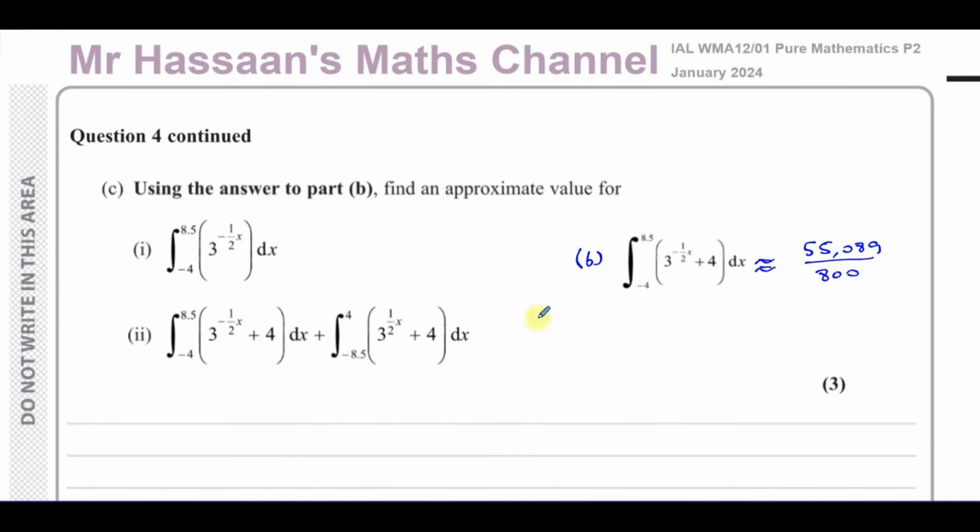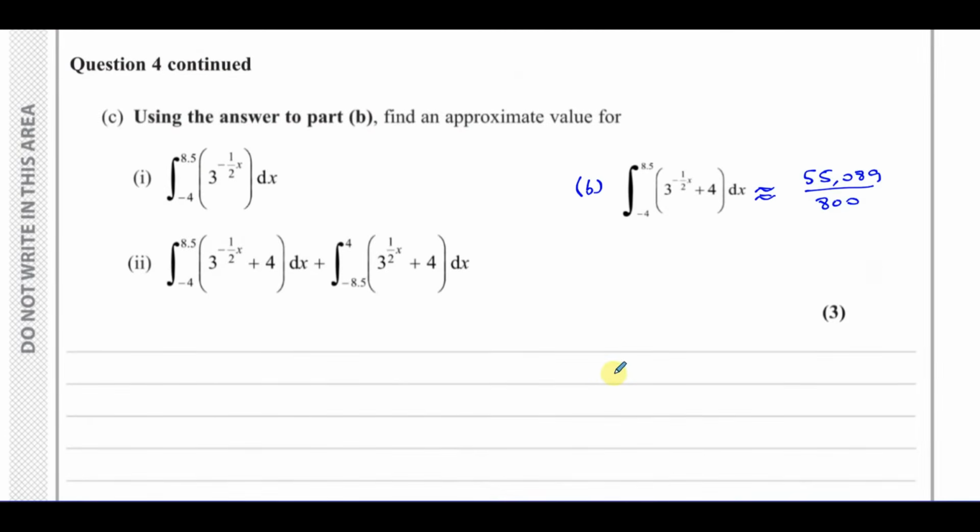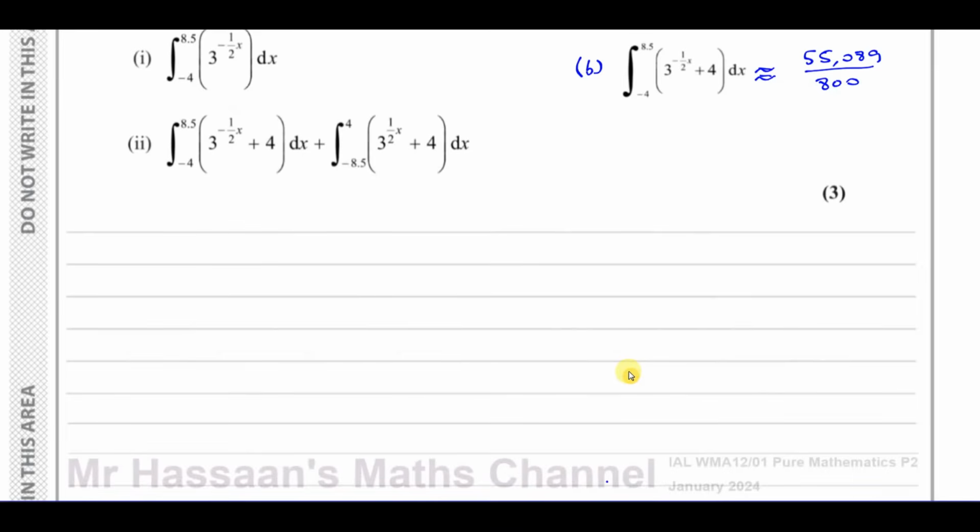Now, if you notice, what we have to find the approximate value for looks quite similar to the actual question that we had to answer earlier. So the first question, we've got to find an approximate value for the integral of 3 to the power of negative half x, okay, between the values of 8.5 and minus 4, with respect to x.